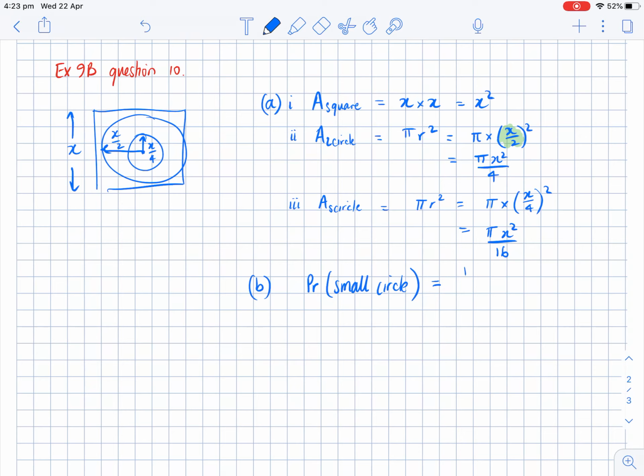I'll be successful if I land inside the area of the small circle, which is equal to pi x squared on 16, divided by the total possible area, which is x squared. So on the top line here, this is my success, and this is the total possible.